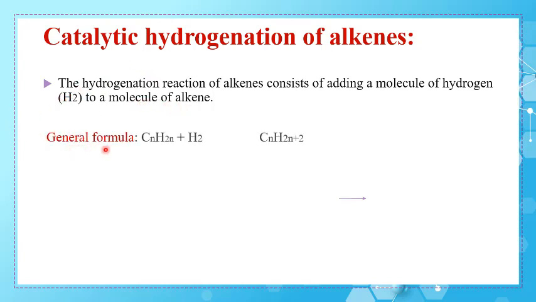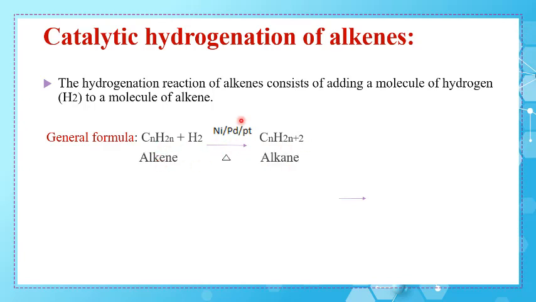If we take the general formula, the general formula of alkene is CnH2n, and we must add H2. So the two hydrogen atoms must be added on the carbon atoms of the alkene. So the product becomes CnH2n+2.